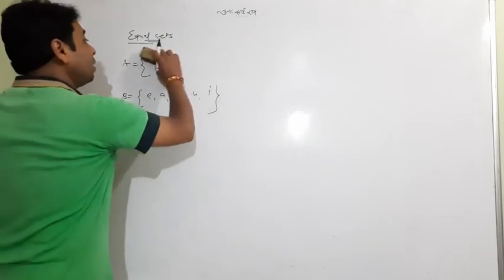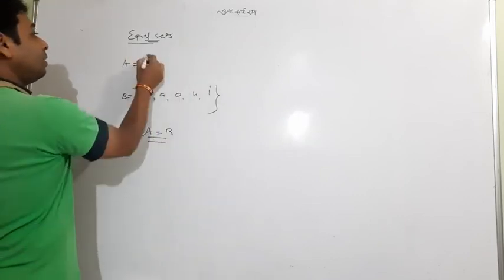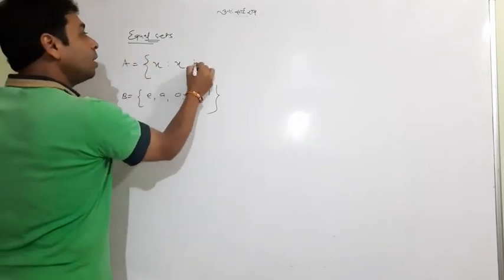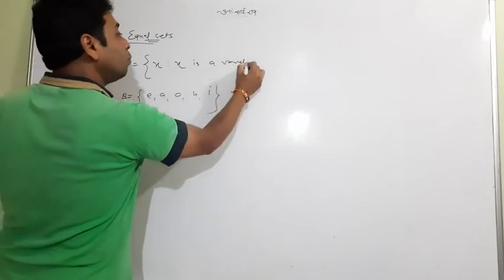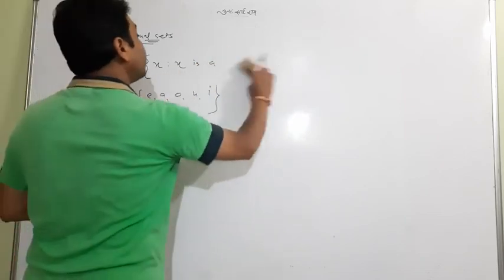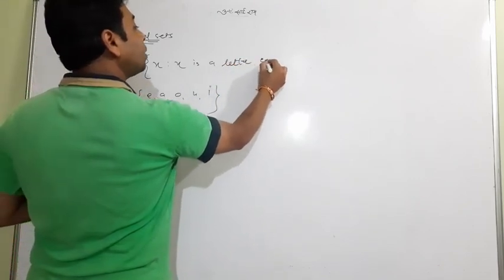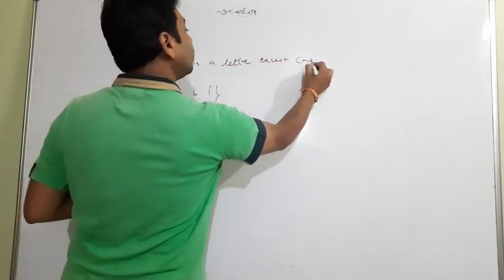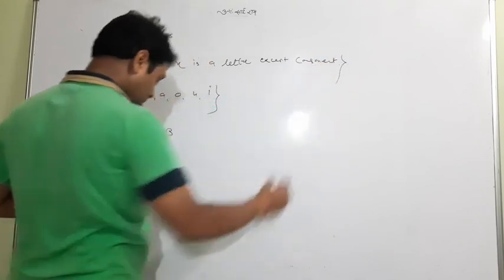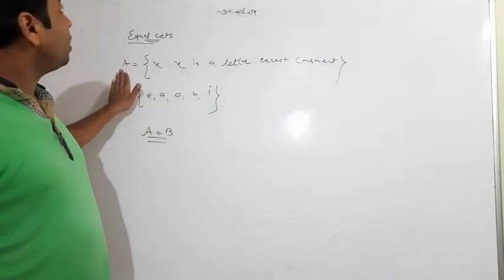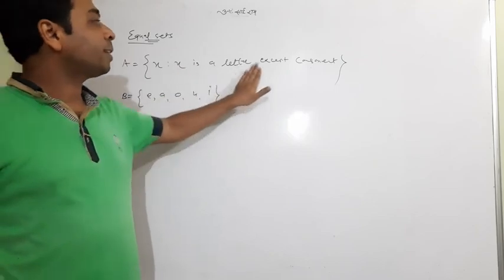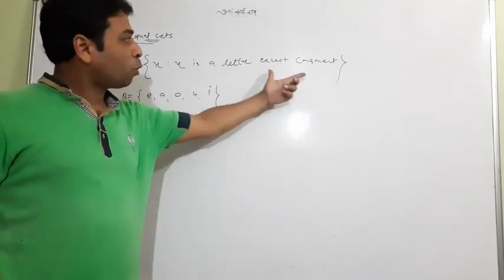If I write instead A = {x such that x is a vowel}, or x is a letter except a consonant, try to understand this. If I write that A is equal to x such that x is a letter except a consonant, then except consonants, what remains?